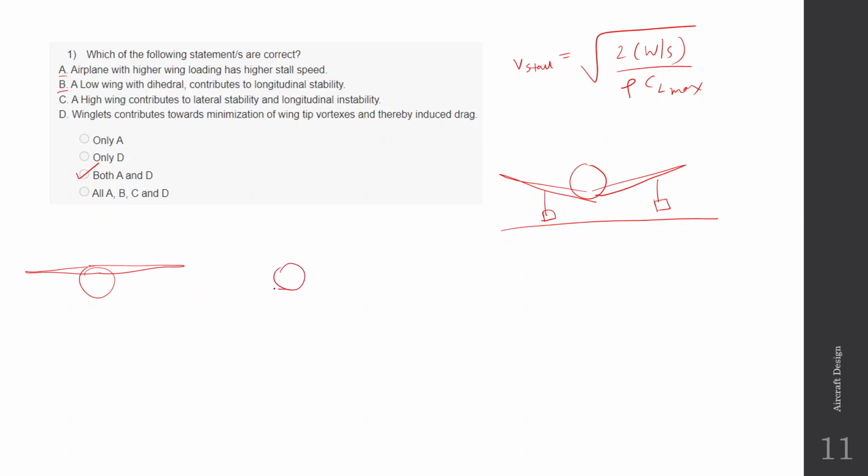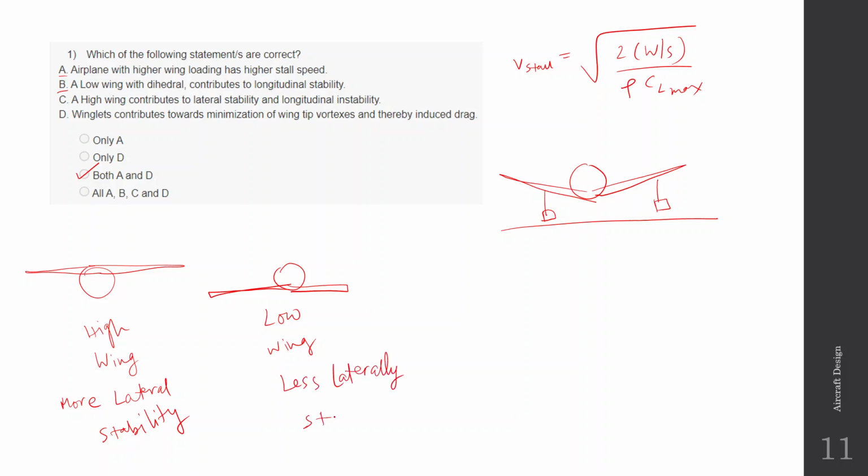Similarly, a low wing adversely affects it. So a low wing is less laterally stable. But when we put a dihedral in the wings, then it contributes to stability.